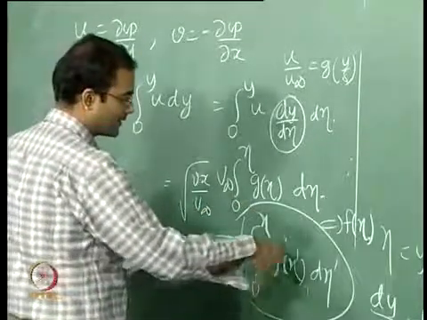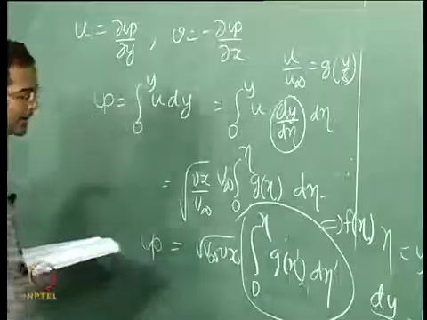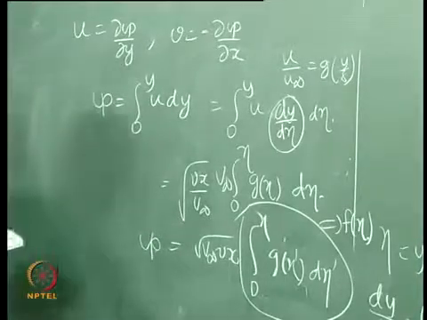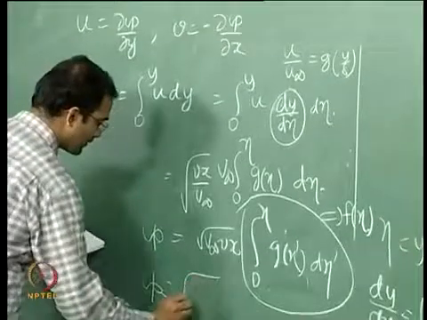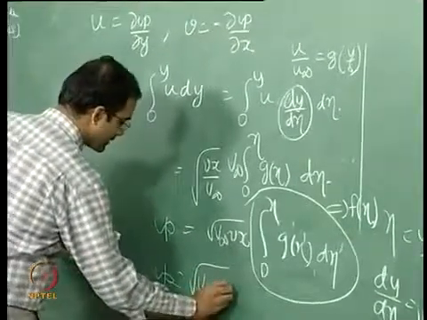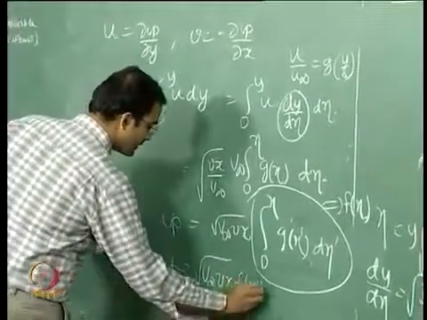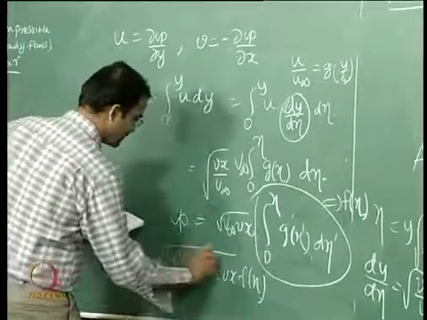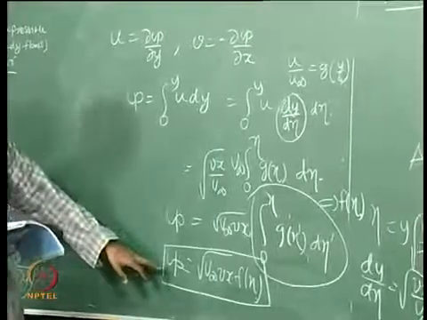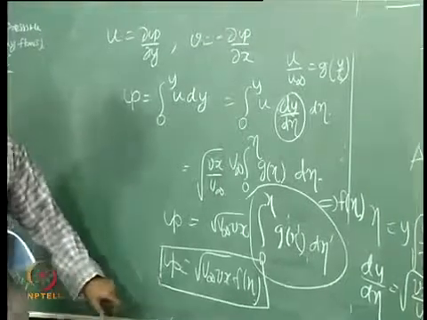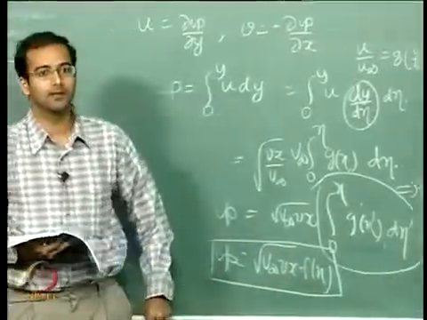The resulting function of eta I am denoting by f of eta. Therefore psi is equal to the square root of u infinity nu x times f of eta. So this is the relationship between the stream function and your similarity variable eta.